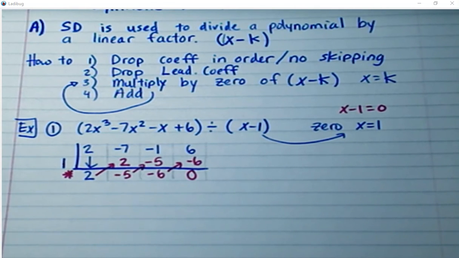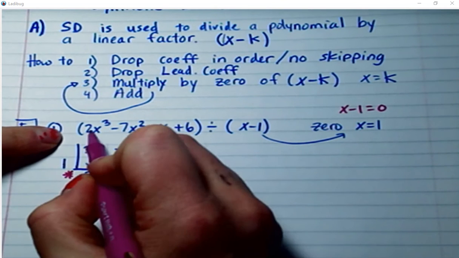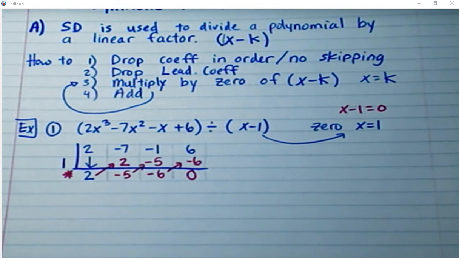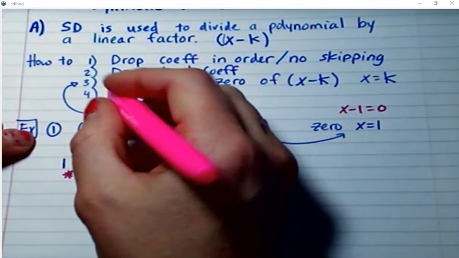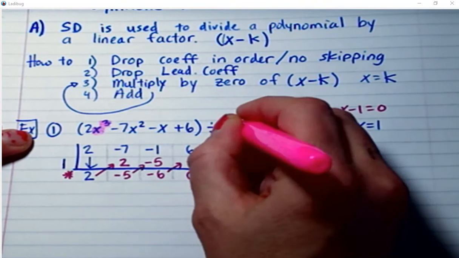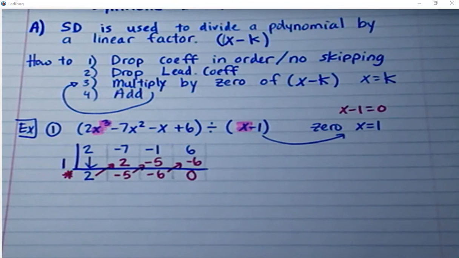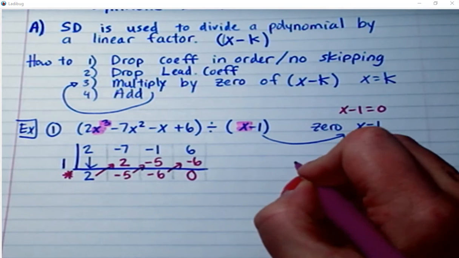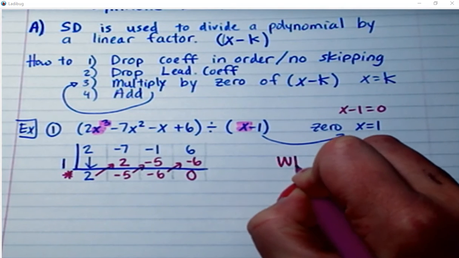Okay, so let's think. When you divide 2x cubed by x, what happens to your degree? Goes down by 1 because you're dividing by a linear power, which is a power of 1. So here's a note.